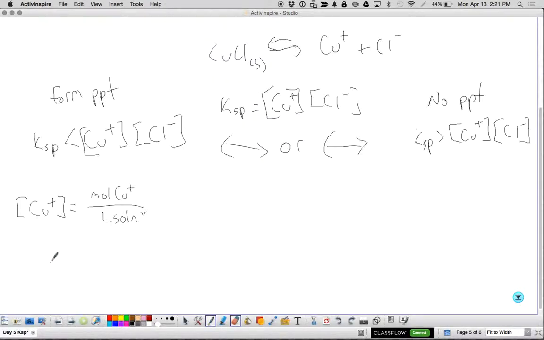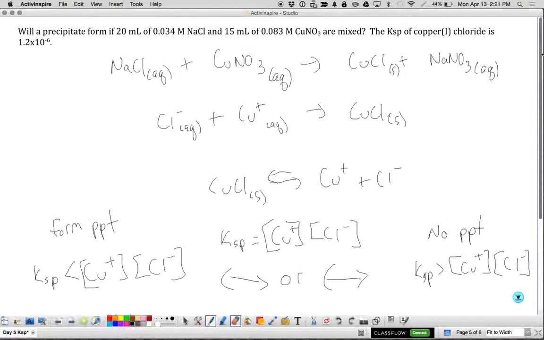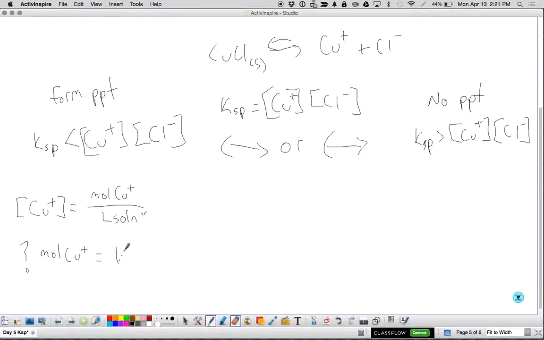All right? So the first thing that I'm going to do is ? moles Cu+ equals my given, which for Cu+ is going to be this information: 15 milliliters of a 0.083 molar copper nitrate solution.